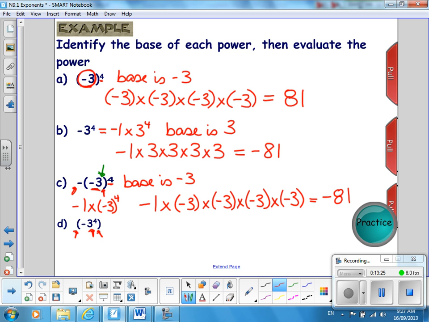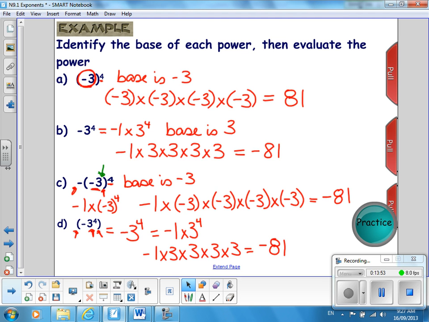In D, the brackets are useless. This is the same as saying negative 3 to the exponent 4. Those brackets were outside of everything, so they do not play a part in this one. So now we are back to the same as B. This is the same as negative 1 times 3 to the exponent 4, which is negative 1 times 3 4 times. So there's only one negative, so our answer is negative.